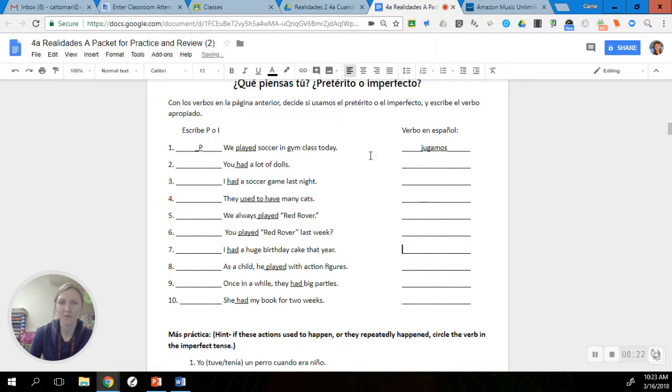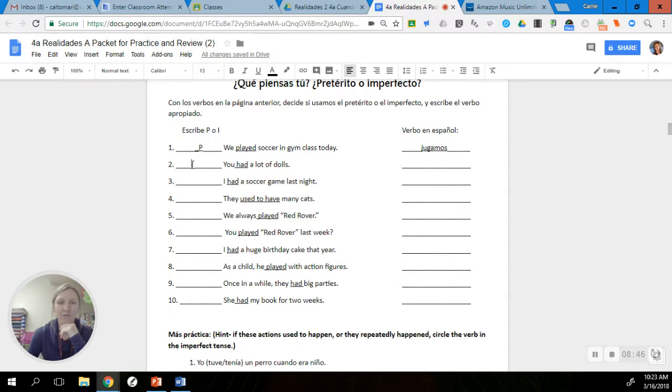So I'm only using the verbs that we went through up there, since that's all I've taught you so far. So escribe P para pretérito o I para imperfecto. So here I did this one for you. I put a P because it said we played soccer in the gym today. That was a completed action, one-time event. So play is the verb, so then I just put jugar in el pretérito.